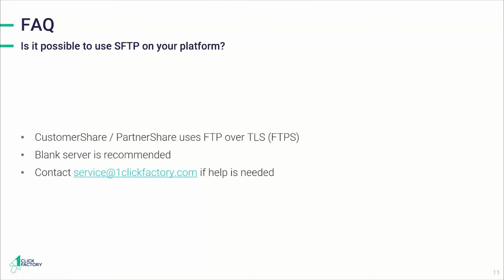You could try to install it on the NAV or Business Central application servers, but we would not recommend that because there is a possibility to lose some files. So a blank server is the recommended option. If you need some assistance with that, just contact service at 1ClickFactory.com and we will try to help you.